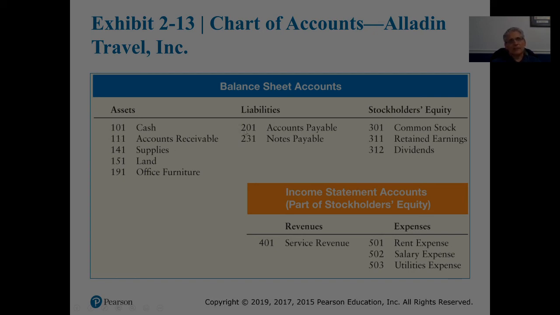Liabilities typically start with 2, so in this case it's 201, 231, there's 200s. But if you're using 4 digits, it would be 2,000s. If it's 5 digits, it would be 20,000. Stockholders' equity are usually in 3s, revenues are typically in 4s, and expenses are in 5s, and 6s too, depending on the type of expenses you have.